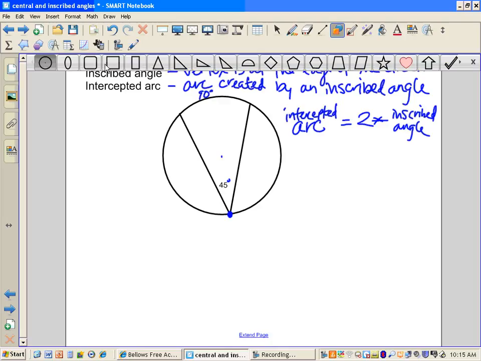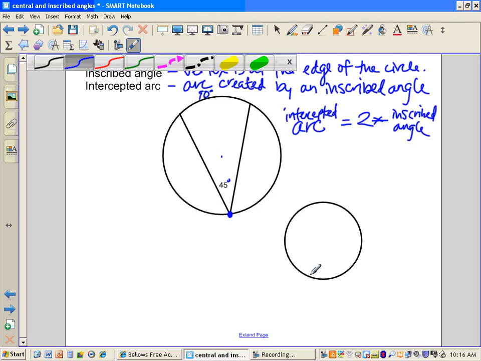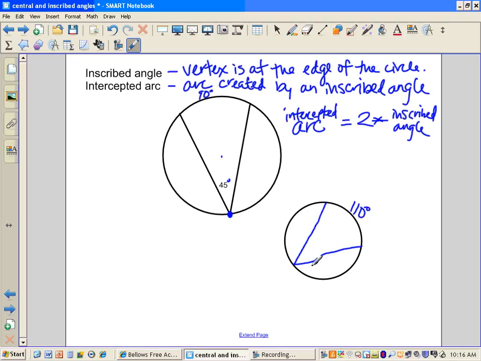Or if you let me do one more example, we'll just do this one quickly. Let's say we have this. Wow, that's not a straight line. Let's say this is 110 degrees out here. Hopefully you're saying in your heads that would make this 55 degrees in A here. So the angle is half of the arc, or the arc is double the angle if it's on the edge.